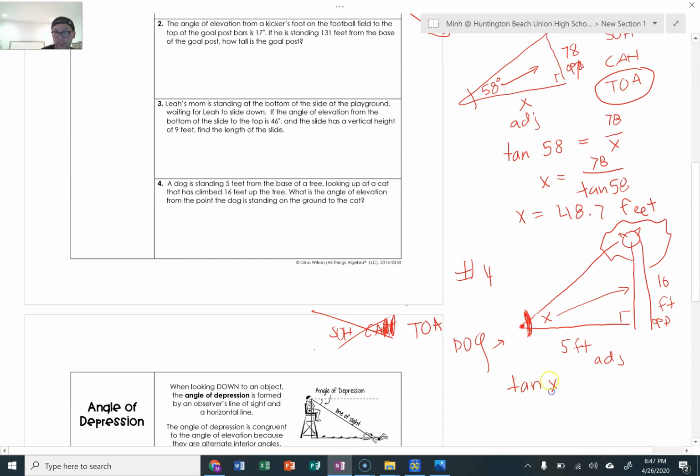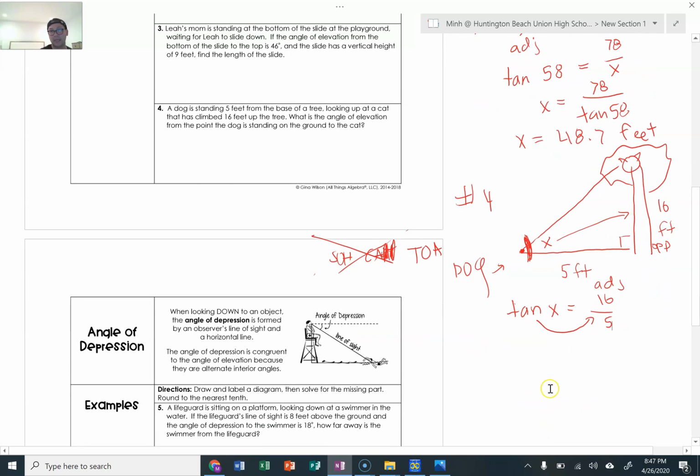I don't know my reference angle. My opposite is 16 over 5. And if you remember, if tangent is attached to the variable, we need to switch to the other side. So let's bring this down. That'll be x is equal to inverse tan of 16 over 5. Let's put this into our calculator.